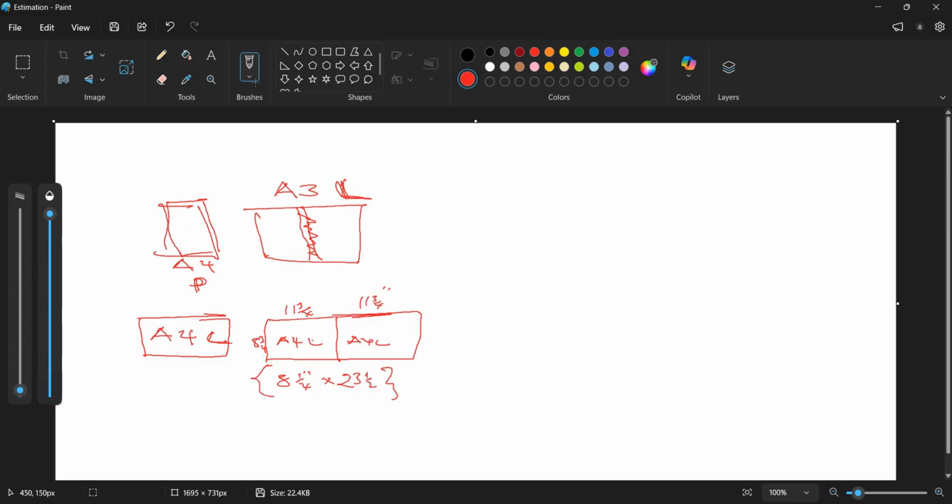And here, 11 3/4 will be maintained. Then we have 8 1/4 here, 8 1/4 here. So it will read 11 3/4 by 16 1/2. So you can see they all have different cover sizes.